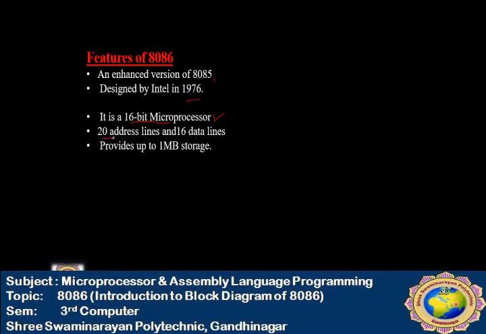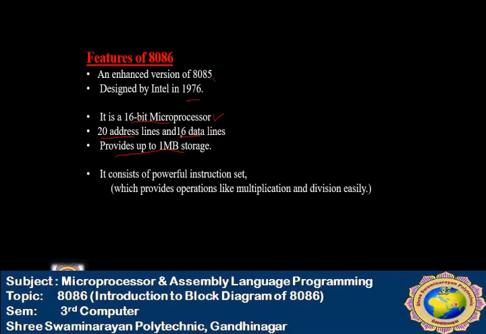It has 20 address lines and 16 data lines, so it provides up to 1 MB of storage. It also has a powerful instruction set, which provides operations like multiplication and division easily.